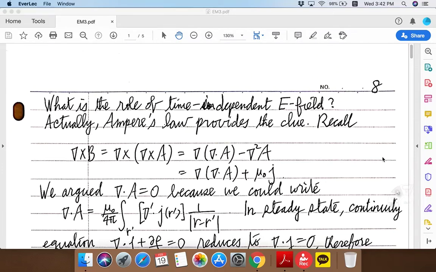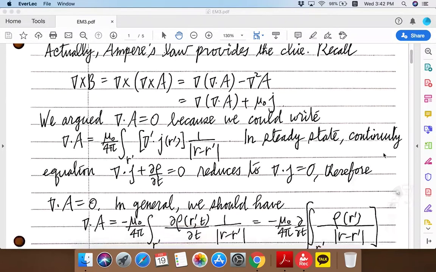So I hope you recall that the curl of the magnetic field can be written, after some vector manipulations, in this way as basically the current density plus something, and that extra bit was shown to be 0 in the previous lecture due to the fact that there is a certain current conservation law that has to be satisfied.